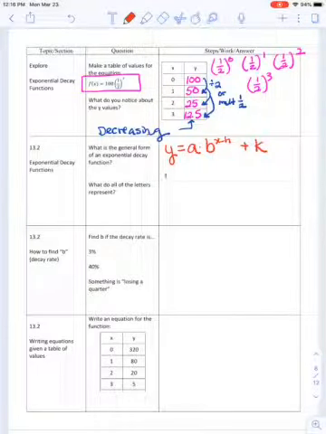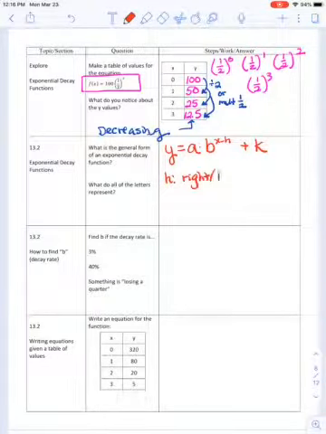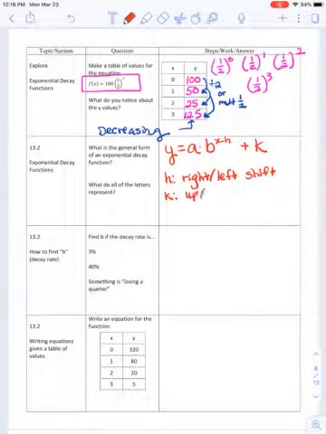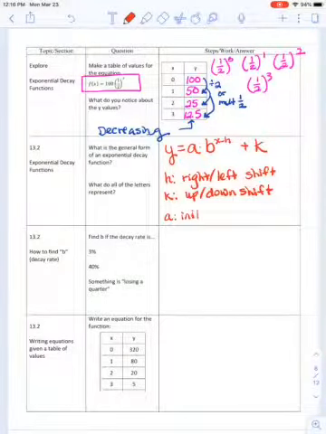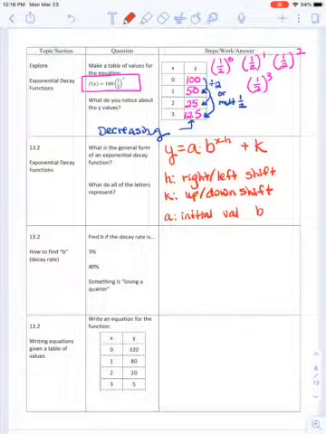And of course, h still represents your right or left shift. k still represents your up and down shift. And A is your initial value. And b is, now instead of being a growth factor, a decay factor.